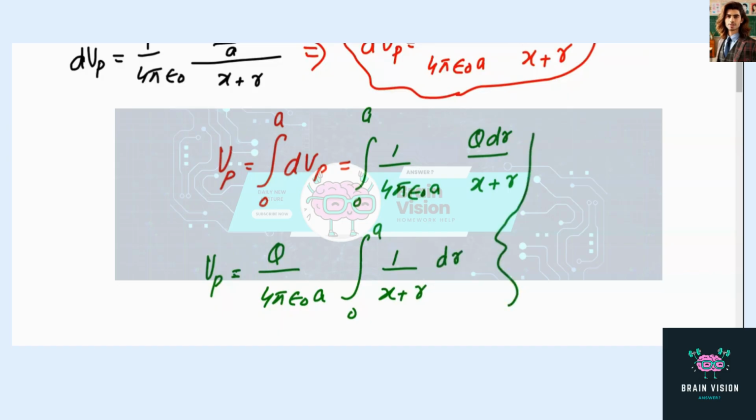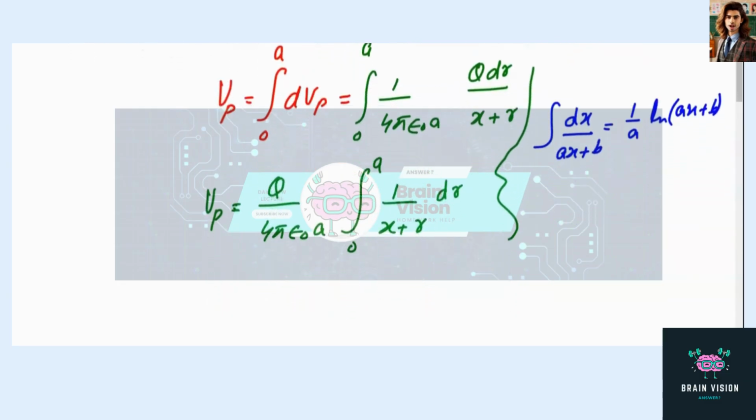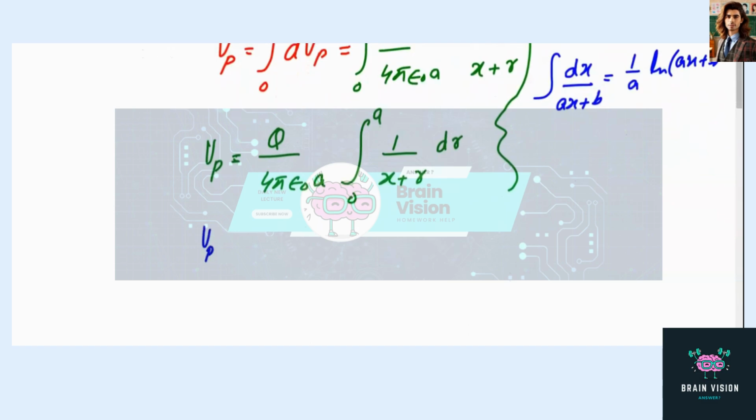dr. Now by using the relation integral of dx divided by ax plus b, which is equal to 1 upon a log of ax plus b, we can write the integral as Vp equal to q divided by 4 pi epsilon naught times a ln of x plus r.